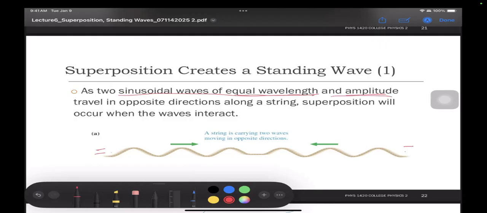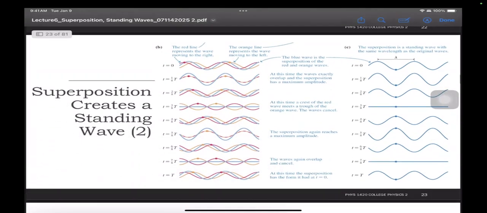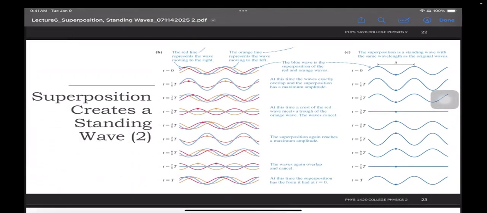The wavelength is equal, lambda here, and the amplitude is also A here, and they travel in opposite directions. One is to the left, the other to the right. Along a string, superposition will occur when the waves interact here. This superposition can create a standing wave. We will see how this creates a standing wave.